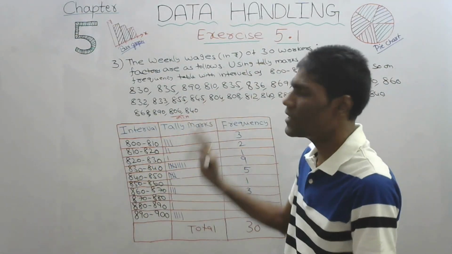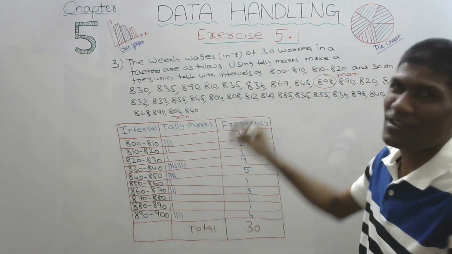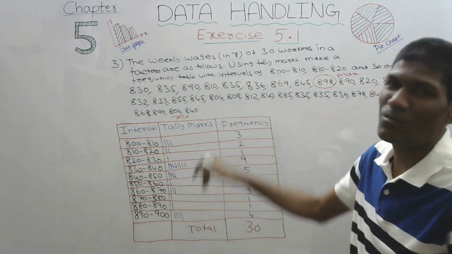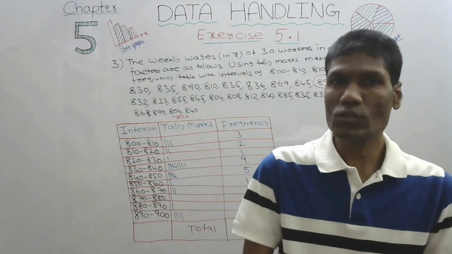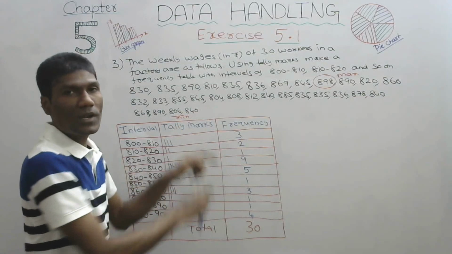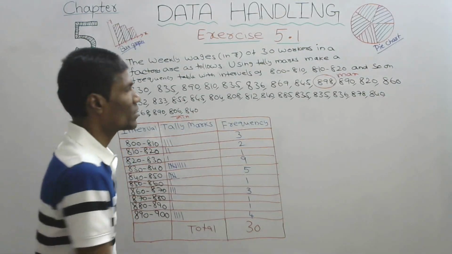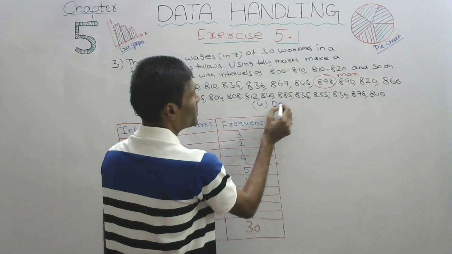This is a very easy process, but sometimes it will be tedious if the number of values is more. And next, fourth question. Next question what he says is, for this only draw a histogram. Fourth question is drawing a histogram.